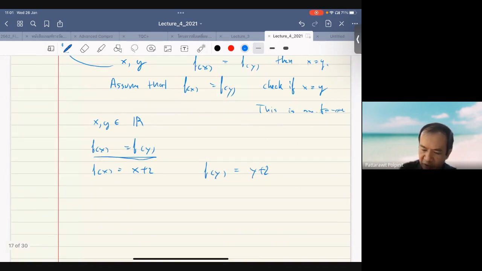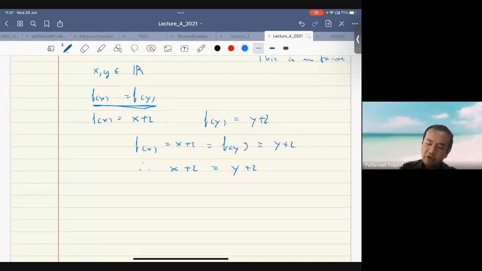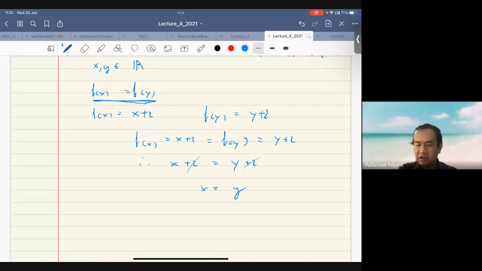Because we assume that they are equal, we have x plus 2 equal to y plus 2. From this, can you conclude that x must be equal to y? Yes, we can, because we just cancel the 2 from both sides. What you have left is x equal to y, which means that f of x is one to one.